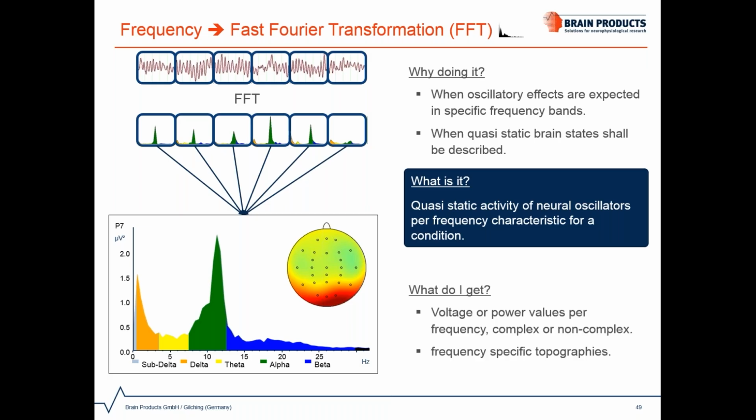From the frequency spectrum, you can get the voltage or power values per frequency as complex or non-complex values. Additionally, you can look at the distribution of specific frequencies or frequency bands across electrodes.